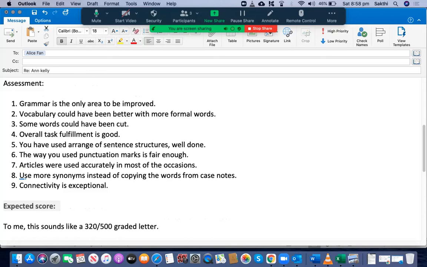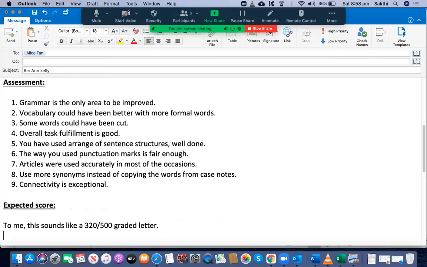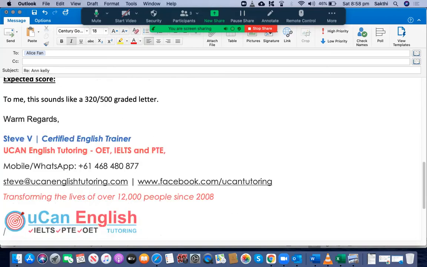Everything is good, but you have committed some silly mistakes which need to be avoided next time. I can see the way that you have been improving, so it's really good. I'm very happy for you. You have been improving very well, and you should be able to cross 350 perhaps within the next 5 or 6 letters, depending on your ability to proofread your letter before you send it to me.